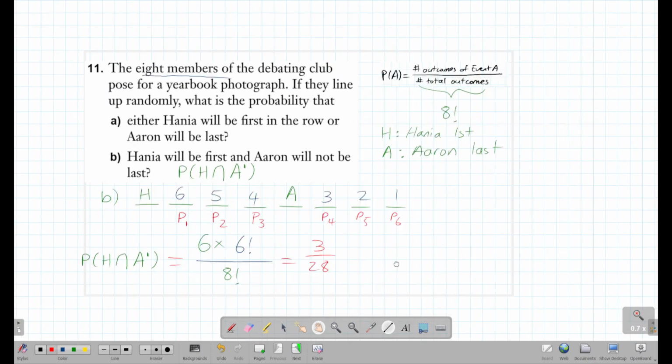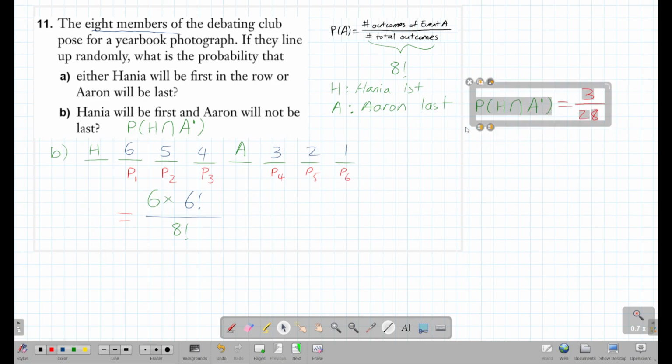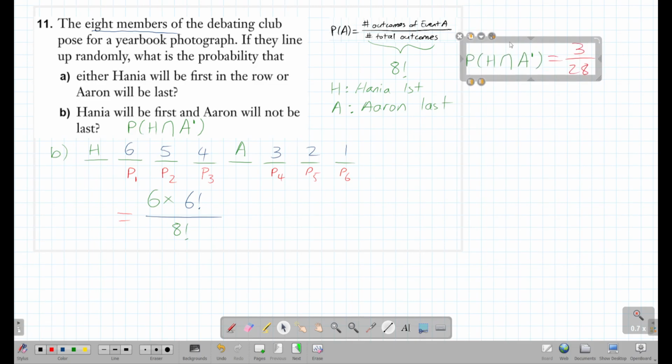Now we need to discuss A. So for A, I'm going to keep our result for B. So I'm going to move this to the side. And we're going to put a pin in this because we're going to need this for later. So I'm going to just group that and put that to the side.